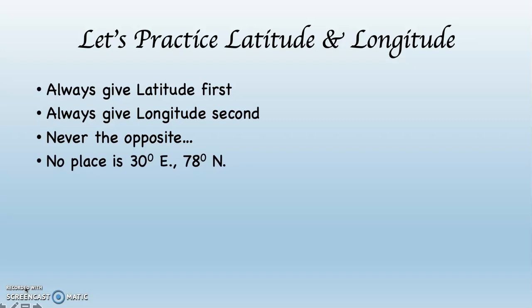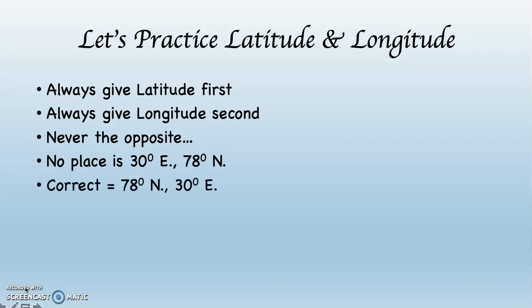No place is 30 degrees east and 78 degrees west. That, by the way, is the general designation of the way we write things. There's going to be a comma in between the latitudinal and longitudinal hemispheres. However, this is incorrect because east represents longitude, north represents latitude. It can never be that way.